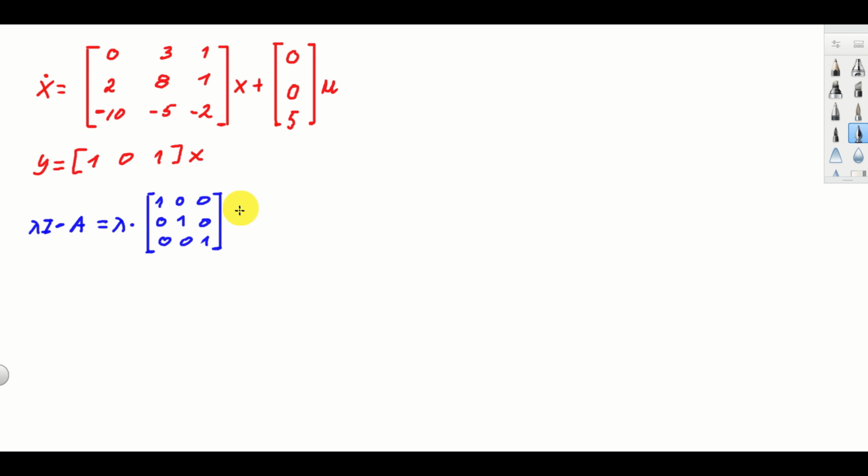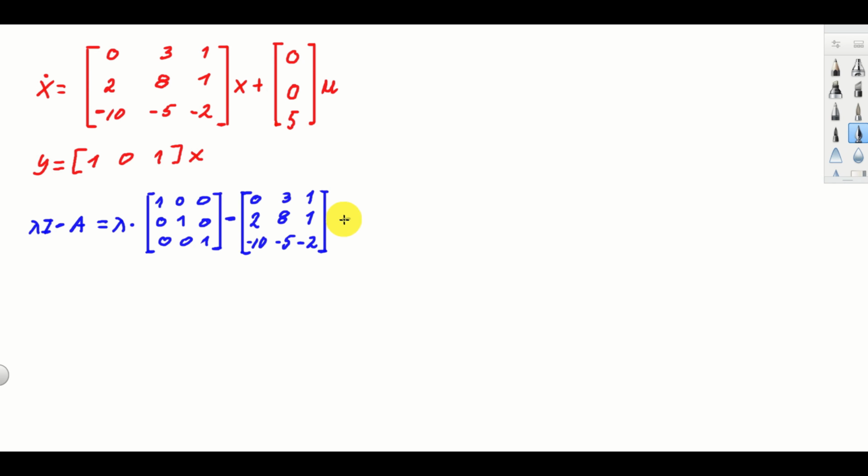Okay, next we have minus A, and the A matrix is given over here. It is 0, 3, 1, 2, 8, 1, minus 10, minus 5, and minus 2.